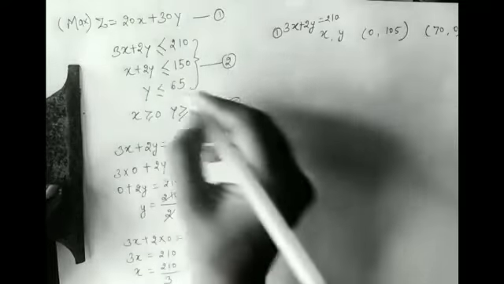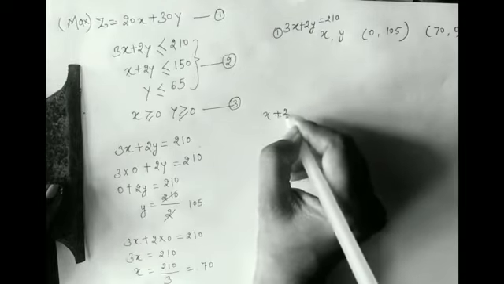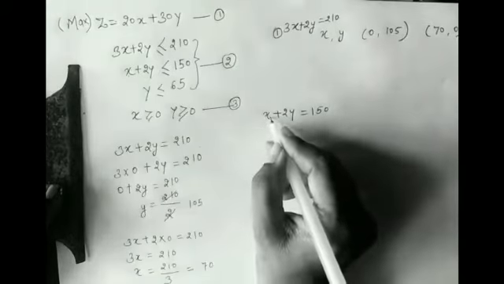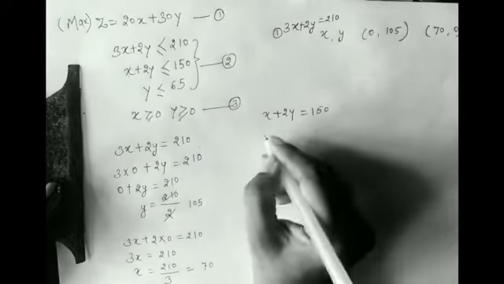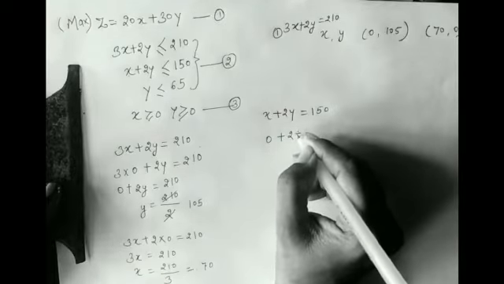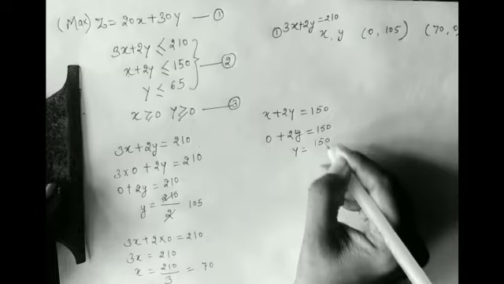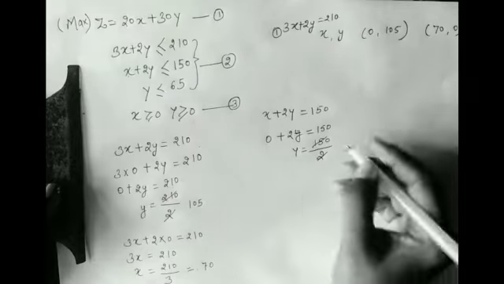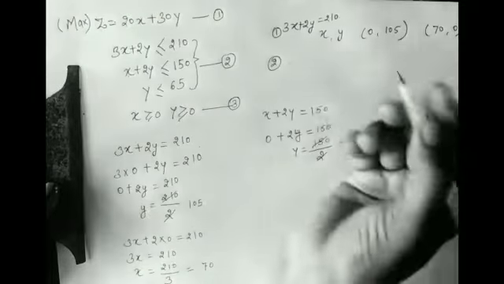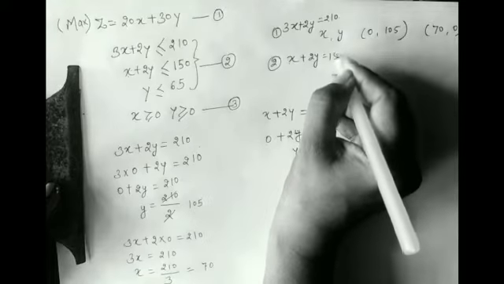Now let's solve the second equation for drawing the second line. The second constraint is x plus 2y equals 150. Suppose in the first situation x is equal to 0. Then 2y equals 150. So y equals 150 upon 2, which is 75.